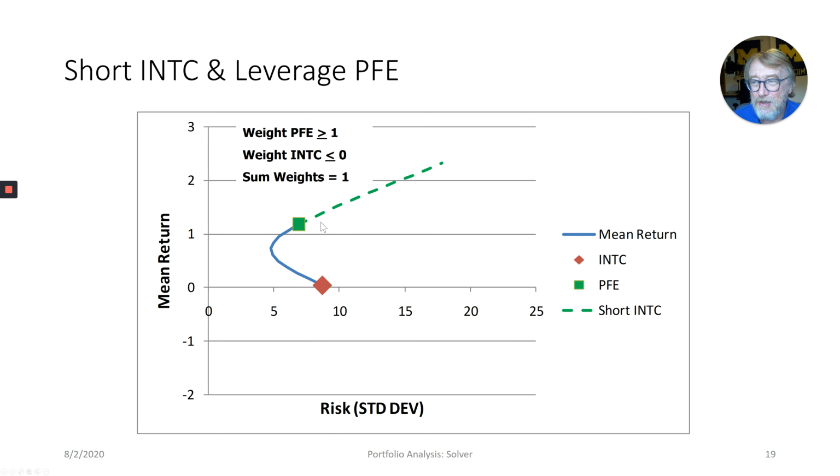And when you do that, you can get everything along this green line. So if you're very high risk tolerance, let's say 15%, you could be making up to 2% monthly return on this, assuming you did this shorting and leveraging right. So that's fantastic news.